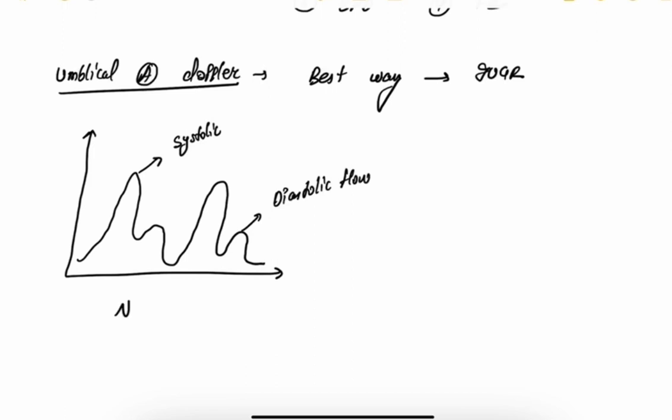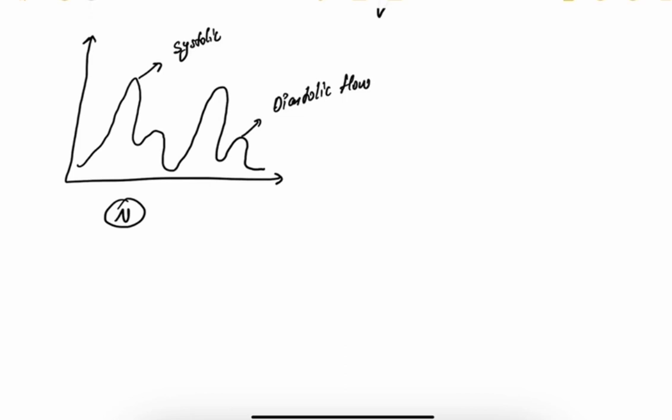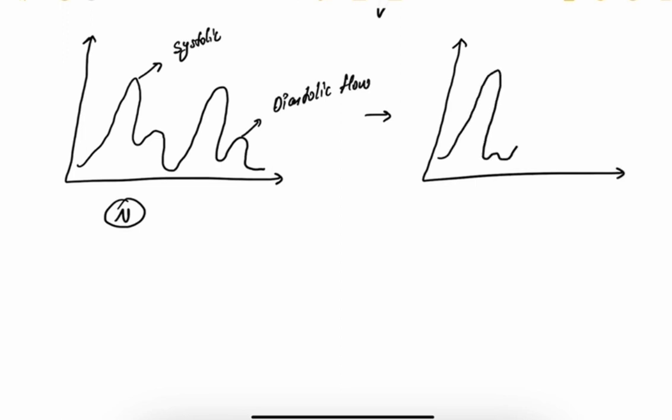This is seen in a normal patient. While in IUGR, you will see the systolic flow is normal, but the diastolic flow is decreasing. Systolic, diastolic. This is the patient of IUGR.